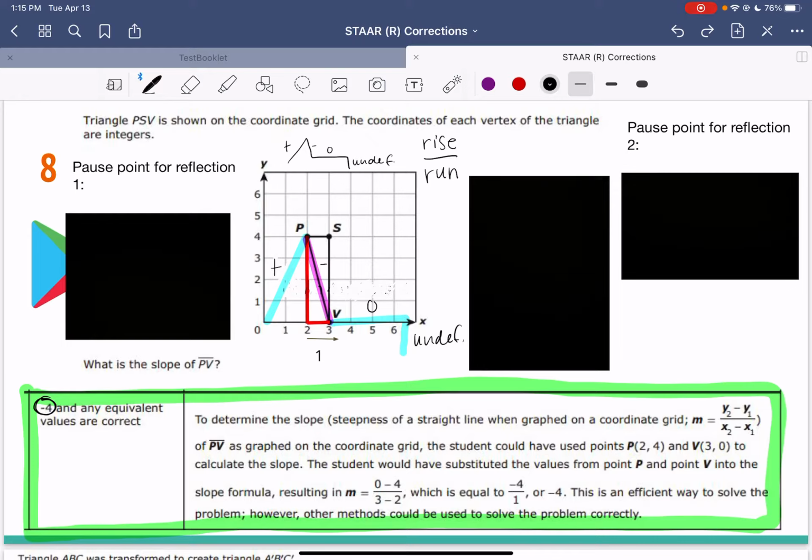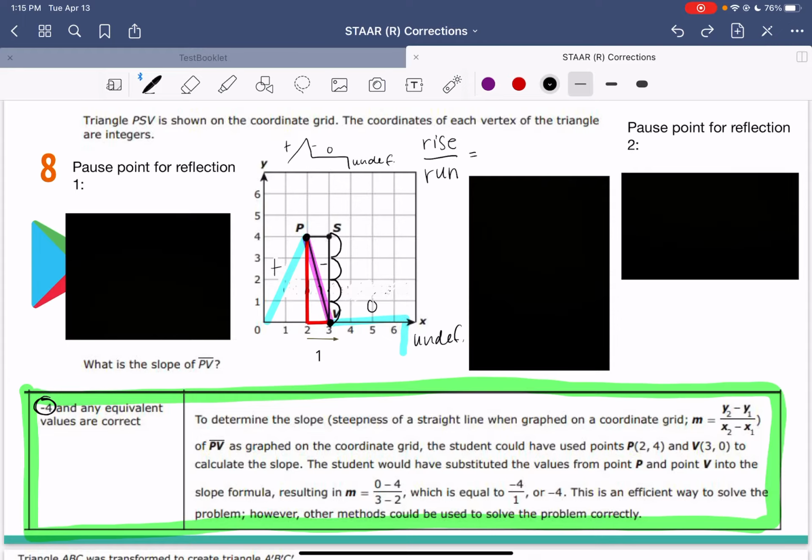So going back to the rise over run concept, we're going to start at this point here, or up at this point here. So we have P and V. And so what we need to do is rise and then run. So we can rise from V: 1, 2, 3, 4.